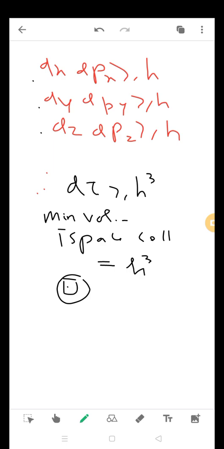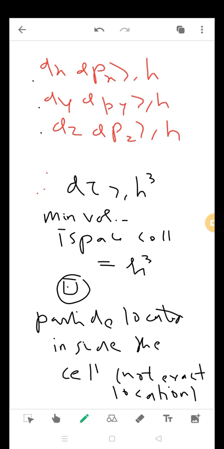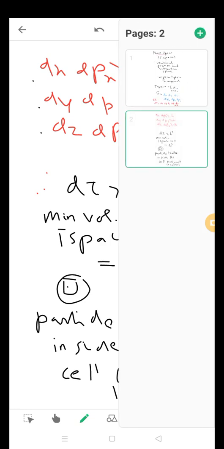So the particle is located inside a cell, which is not an exact location.